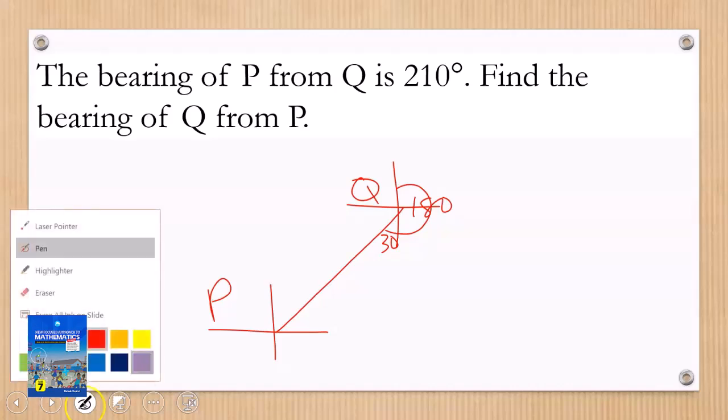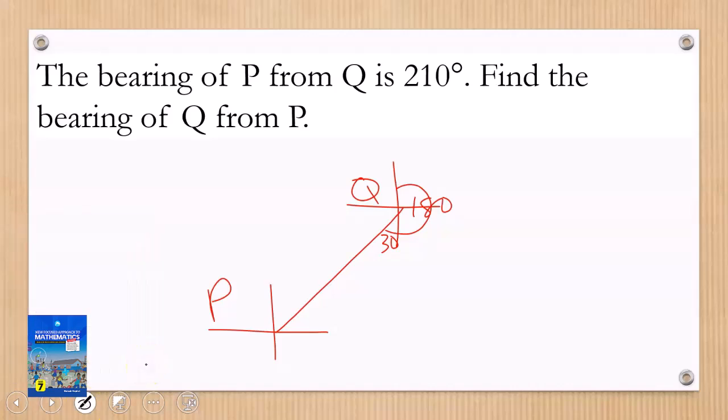All right, so how do we find the back bearing, the bearing of Q from P? From P, we are going to look at the north pole of P and read the angle clockwise to meet the line. And so if this small angle here is 30, then the corresponding angle here, or the alternate angle, will also be 30.